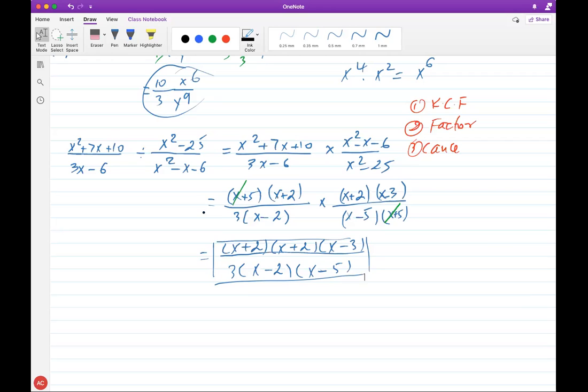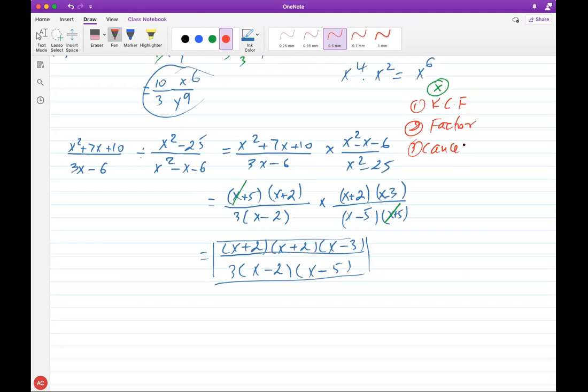Again, this is as complex as it can get. Break it down into 3 steps, if it's a division. This applies to division. You do these 3: keep, change, flip, factor everything as much as possible. You may have to factor another time if you have trinomials or binomials, but always try GCF first and then another method.